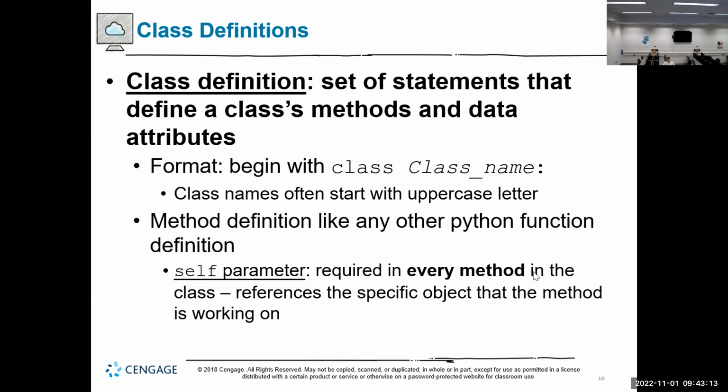But one thing about this: for every method in the class, you have the same parameter. The same parameter is required in every method in the class, and it refers to the specific object that the method is working on. That is something you have to pay attention to. For every instance, you have the same parameter, which tells you which instance you are working with.